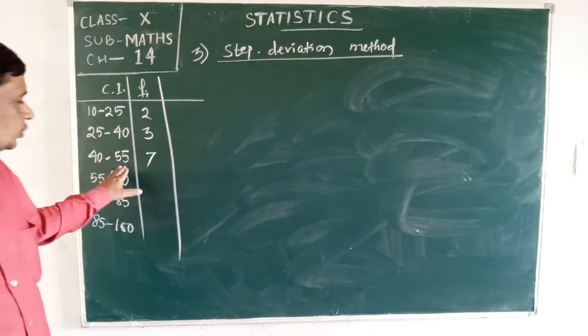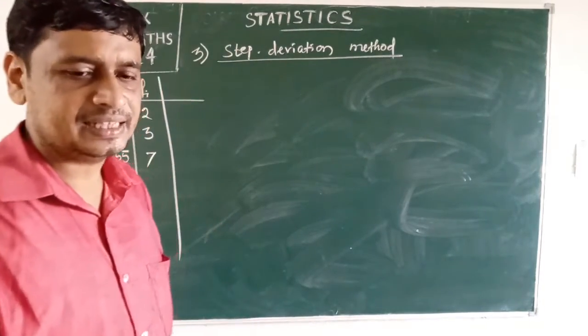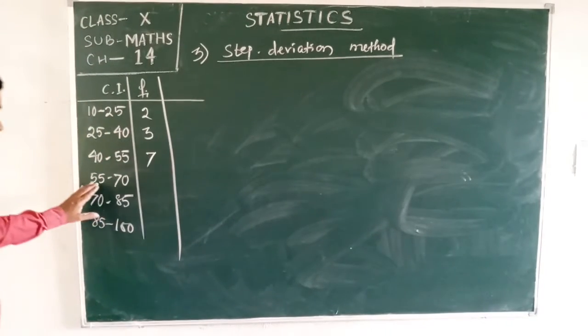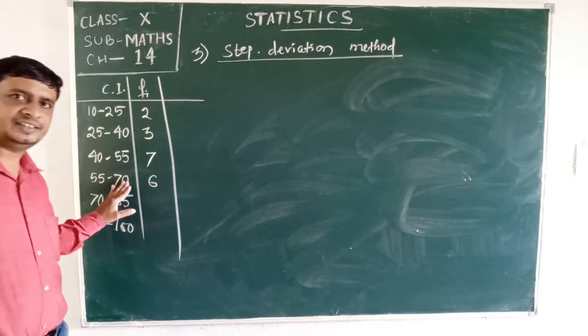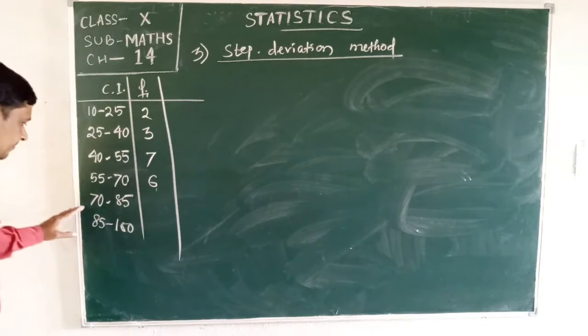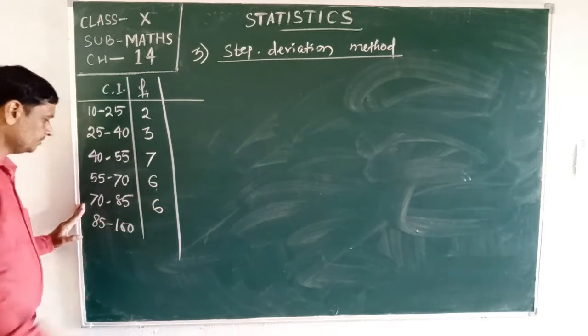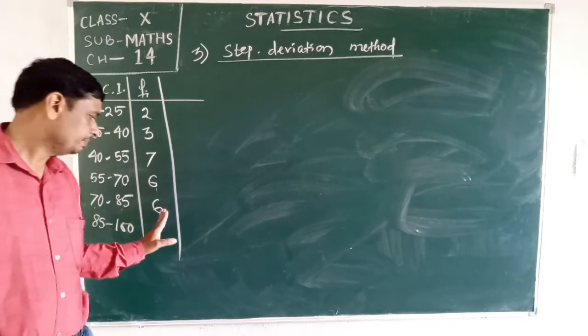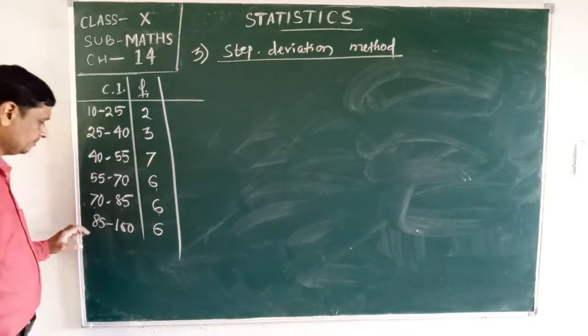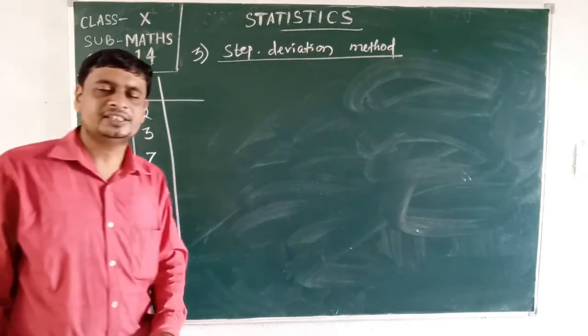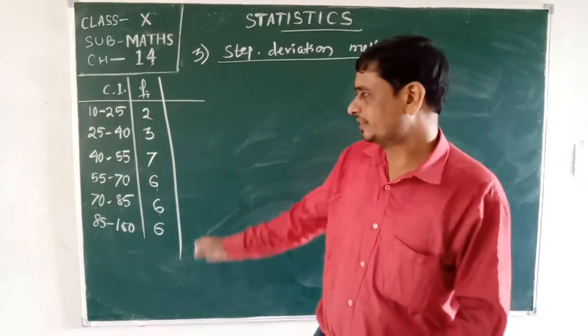For class 40 to 55, the frequency is 7. For the class 55 to 70, the frequency is 6. For the class 70 to 85, the frequency is 6. For the class 85 to 100, the frequency is also 6.